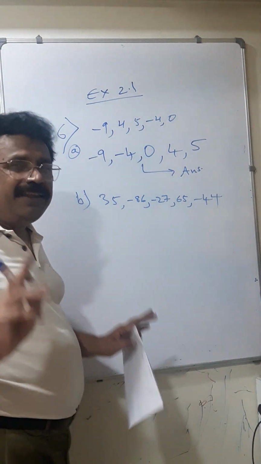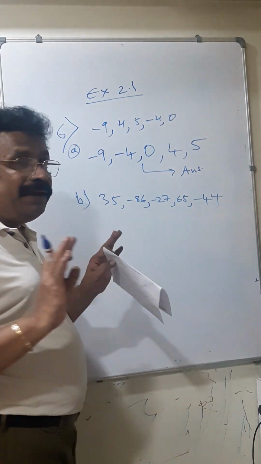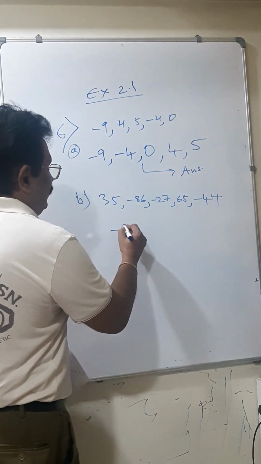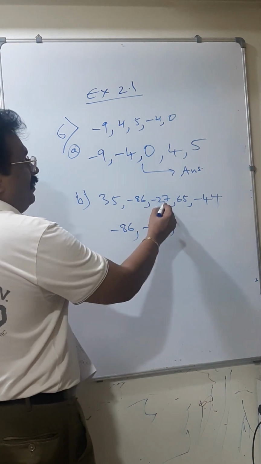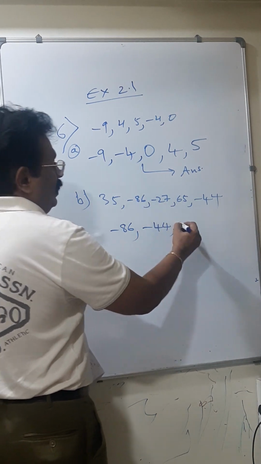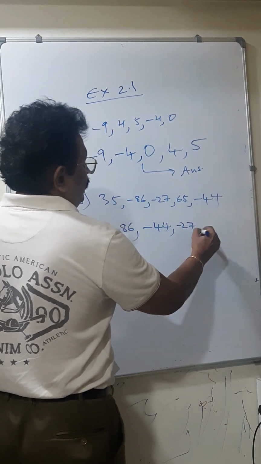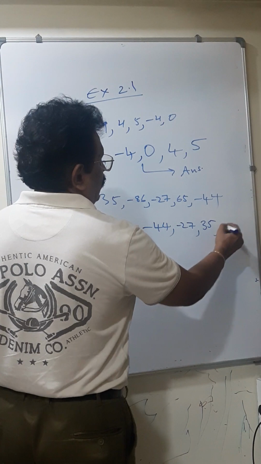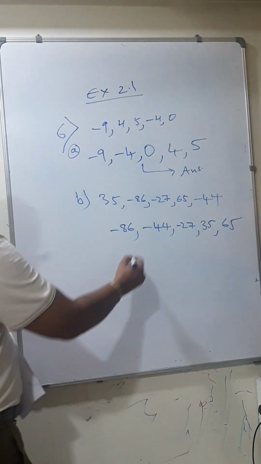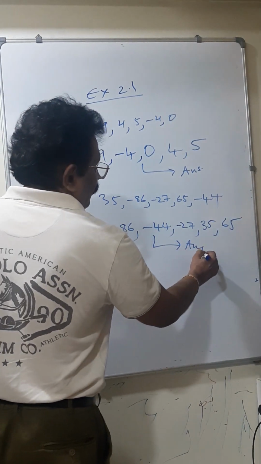Which is the smallest negative? Negative area में big number is the smallest negative. Minus 86 smallest. Then minus 44. Then 27 is a small. That means negative में it comes next. Minus 27. There is no 0. Come to positive. 35 छोटा है, then 65 bigger one. So this is the answer in ascending order.